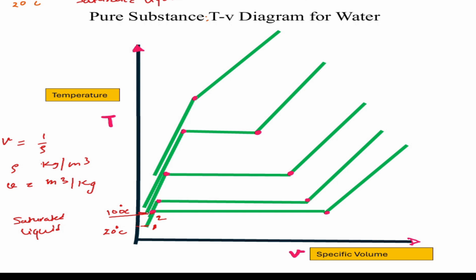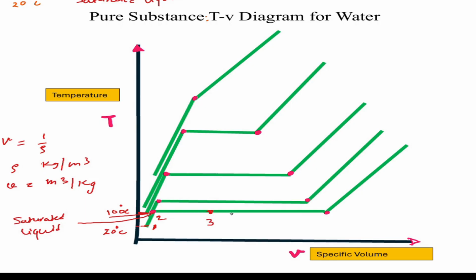This temperature is 100 degrees centigrade. Then we further heat it, so some water will convert into steam. So we reach this state, this is state 3.